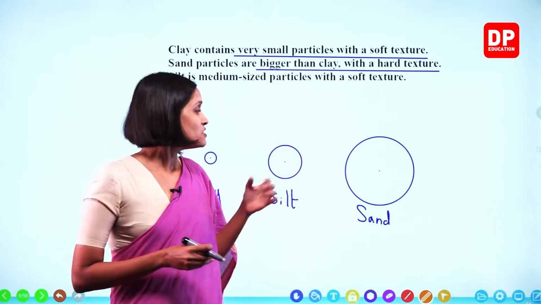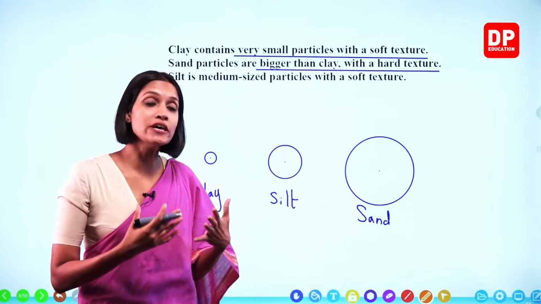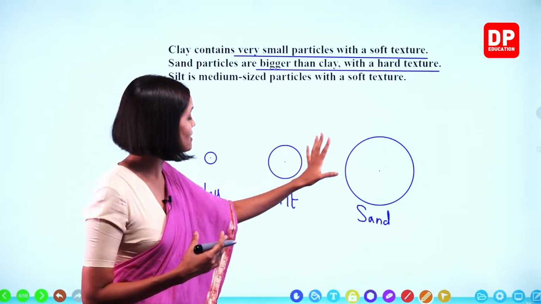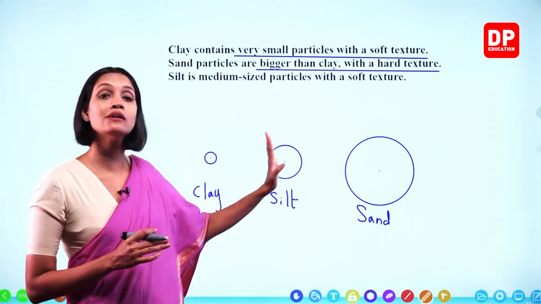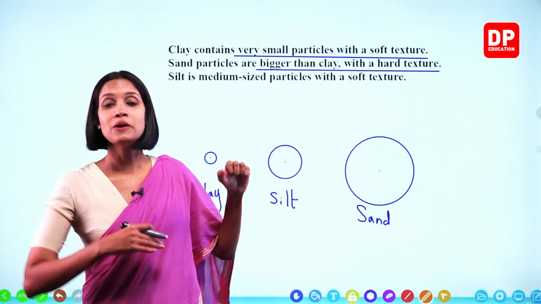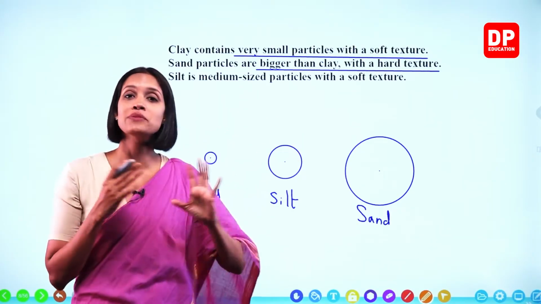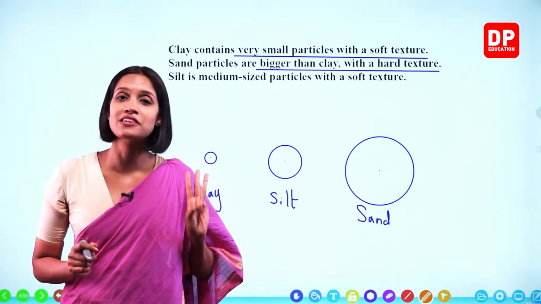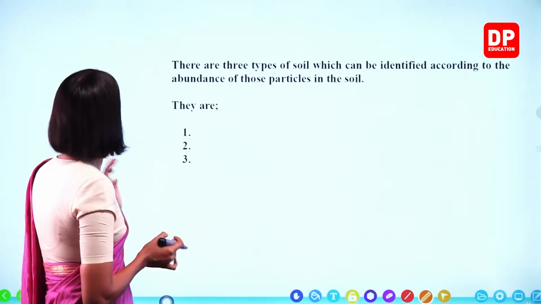Right, children? So likewise, there are three different types of soils based on the way that these particles are present in soil. Based on the ratio that these sand, silt and clay are mixed with each other, there are three main types of soil, right? We are going to learn that.